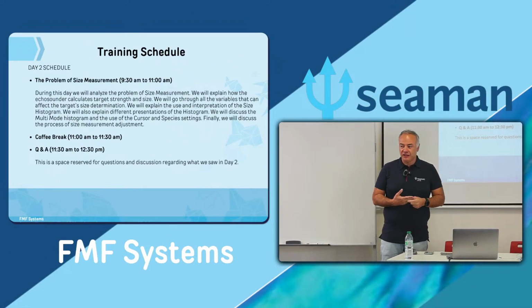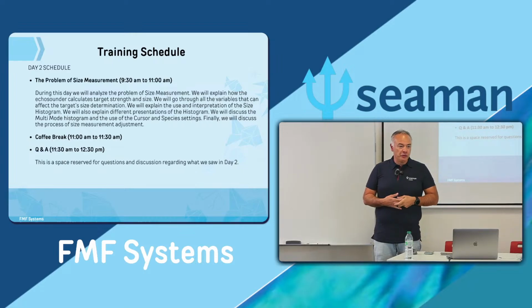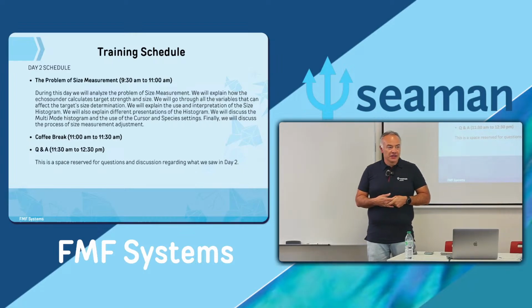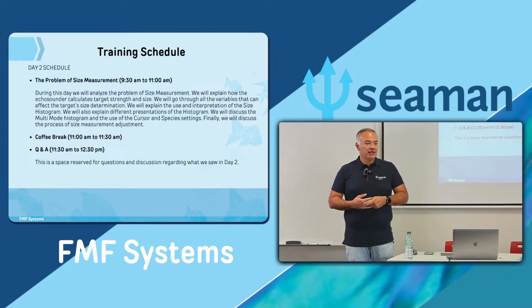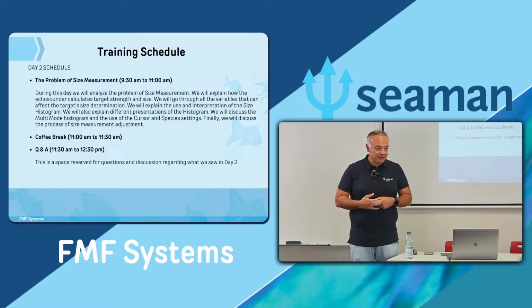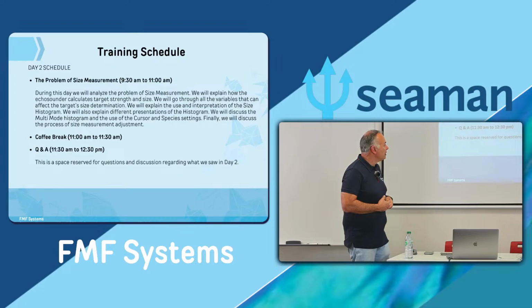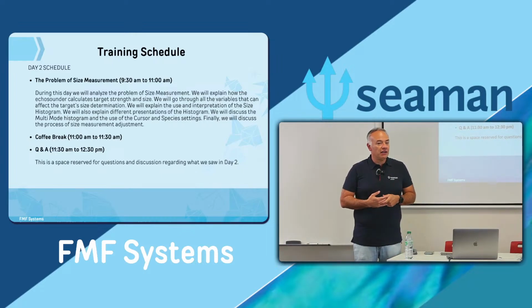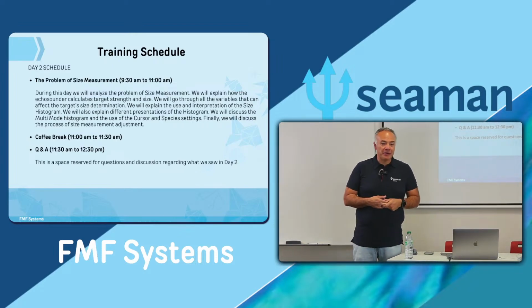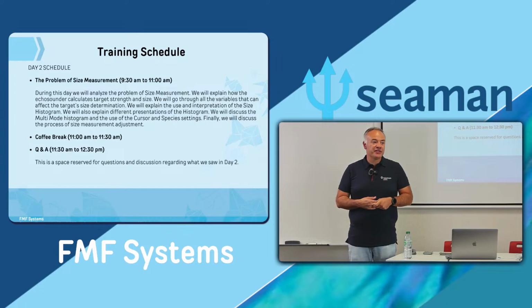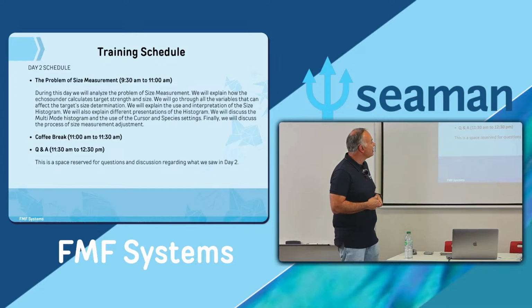You know that both FMF 1000 and 900 are equipment that can provide size information, and to be able to do that, the equipment has to go through a process, a mathematical process, to analyze all the targets, and we will go through that.